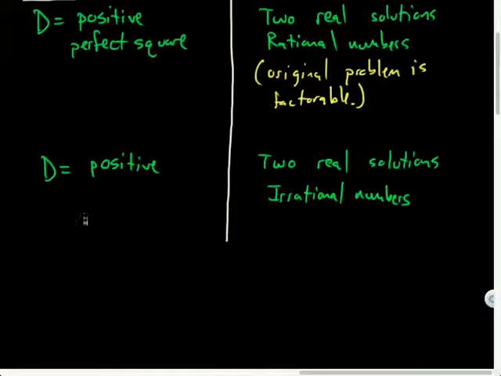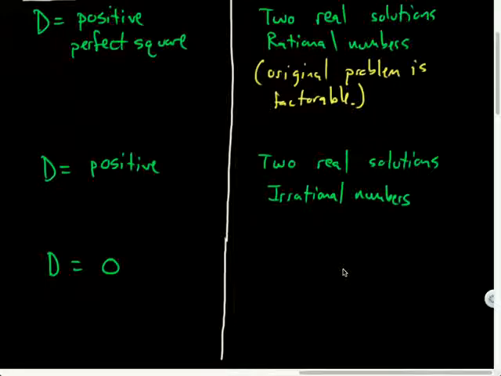Okay, a couple more possibilities. All right, what if D is equal to 0? So it's not positive. What happens if I have the square root of 0? What do I get? 0. And what happens if I have a plus or minus 0 to something?